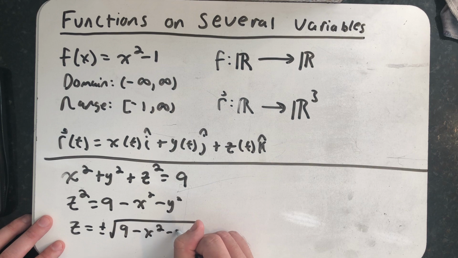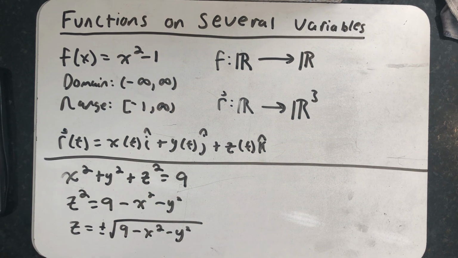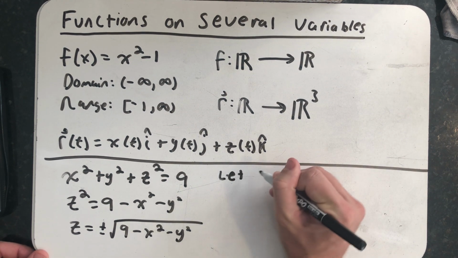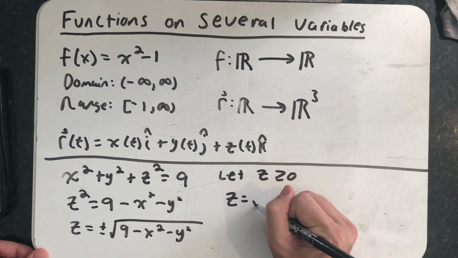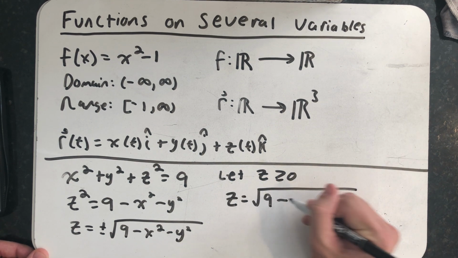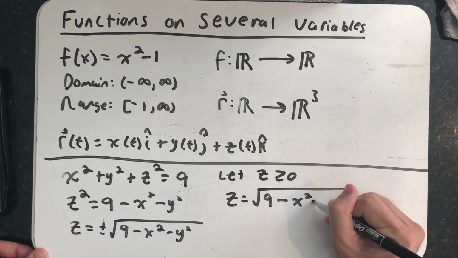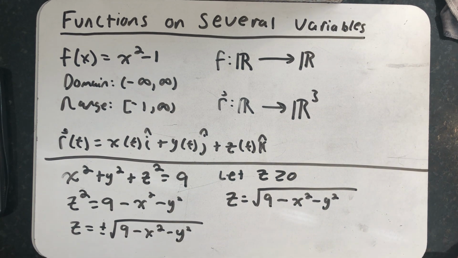And I end up with z could equal one of these two equations. And just because I feel like it, I want to just think about the positive values of z. And I get this equation. z is equal to the square root of 9 minus x squared minus y squared.